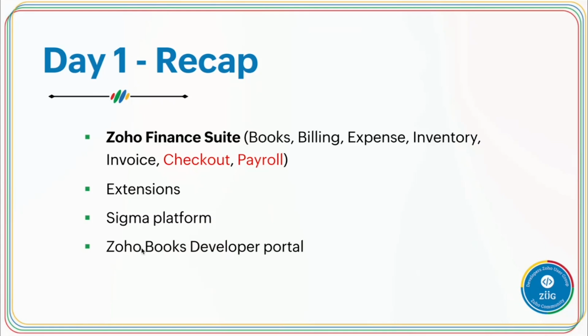This portal has all the components required for building an extension for Zoho Books, a sandbox environment to test the extension, and a provision to publish the extension in Zoho Marketplace.